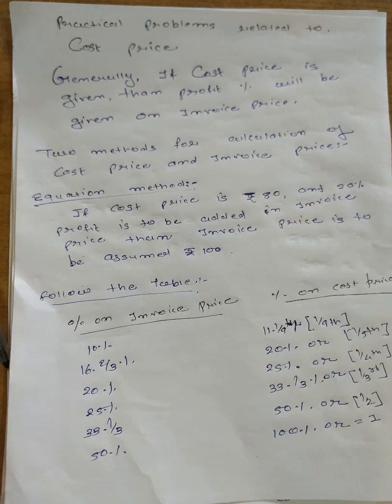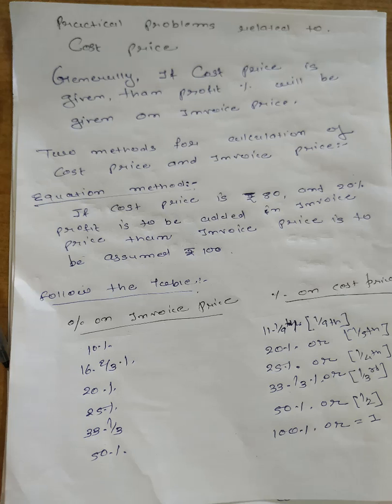Second thing you have to understand here is that on the price which is not given, the profit percentage is given. That means suppose there is an invoice price you are going to find out, the profit percentage will be given on invoice price itself.